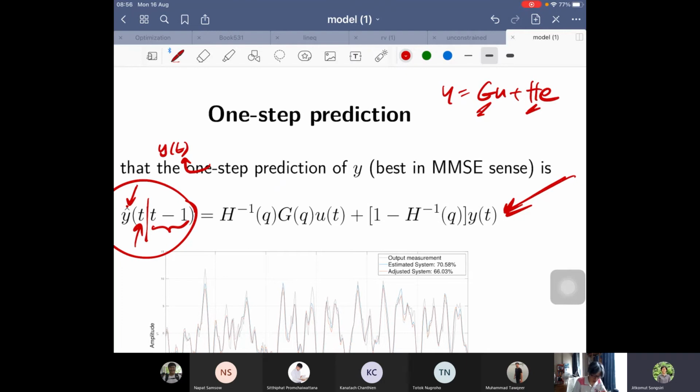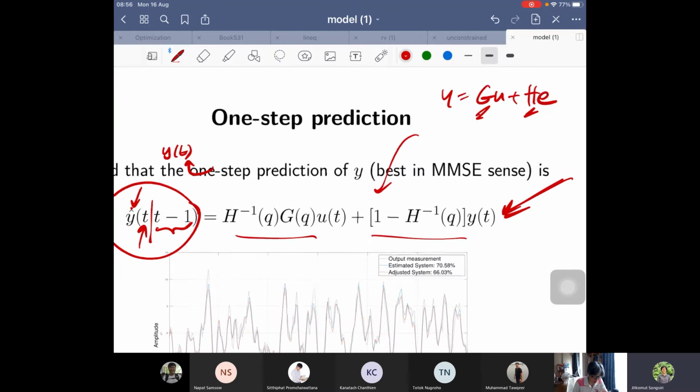This is the situation in which, after you obtain the estimate, this is how you synthesize the one-step prediction of Y. That means that you're going to calculate the transfer functions H inverse G and 1 minus H inverse. I used 1 here, but generally it should be the identity operator, identity matrix.